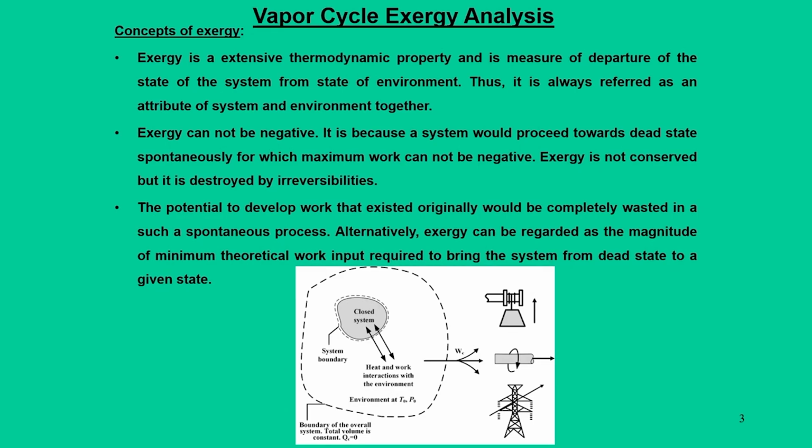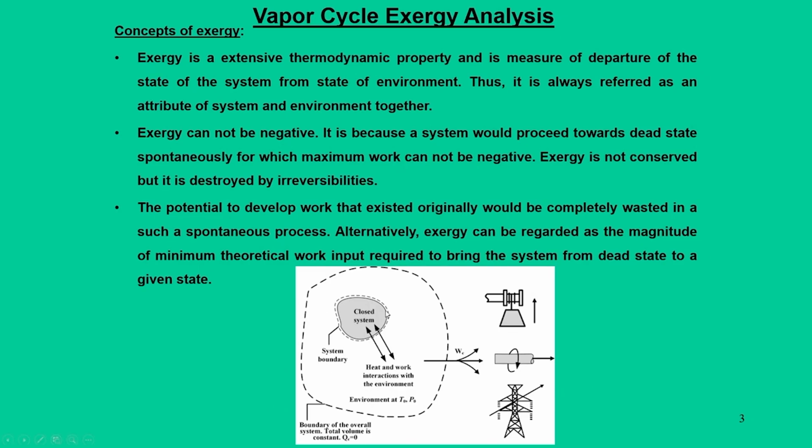And on top of that, when you integrate these systems with the environment, then we need to view the system as well as the environment together. Now, a system can be considered to have the best potential of work when it reaches the final thermodynamic conditions, which is certainly the dead state.